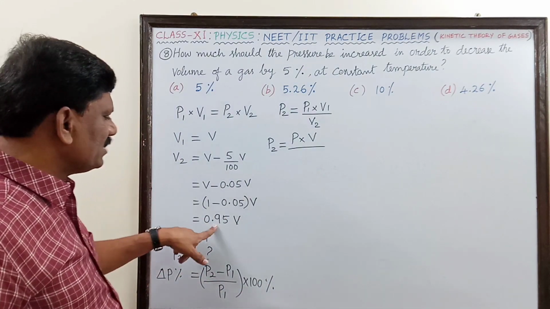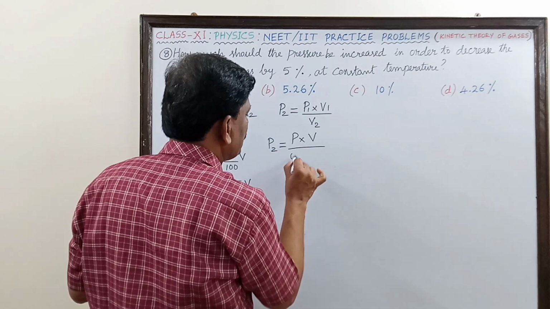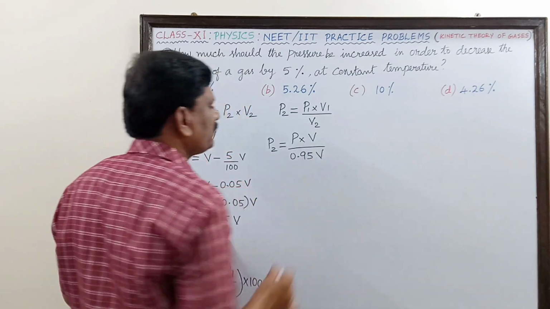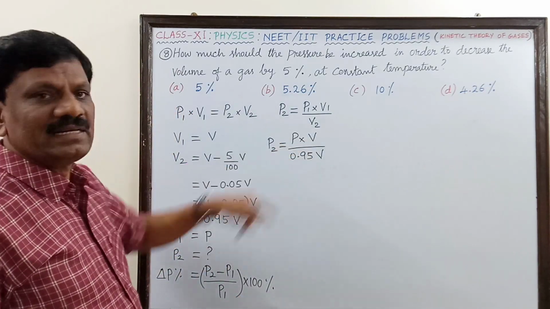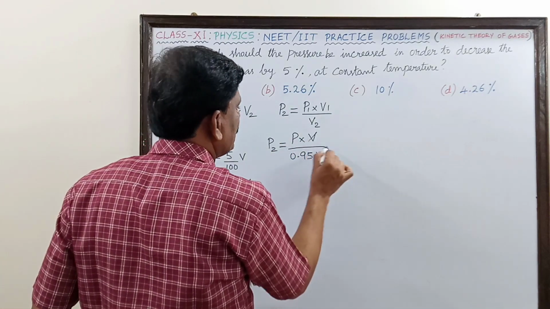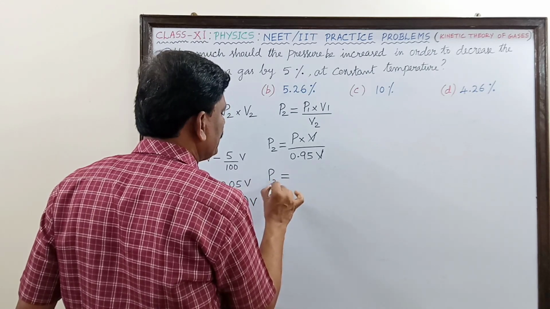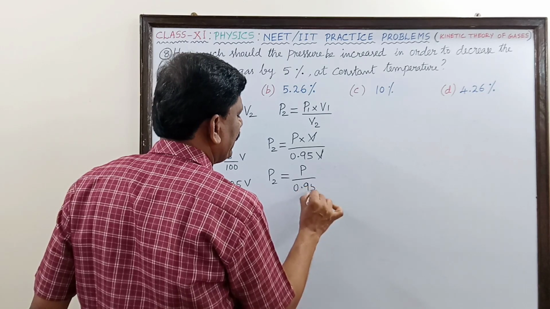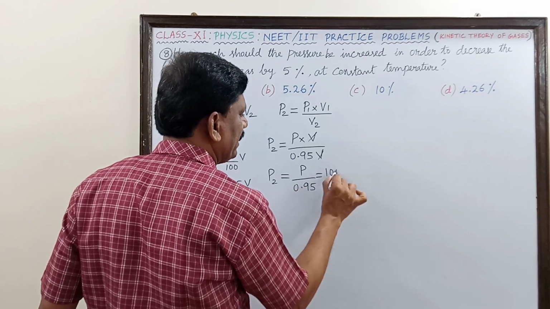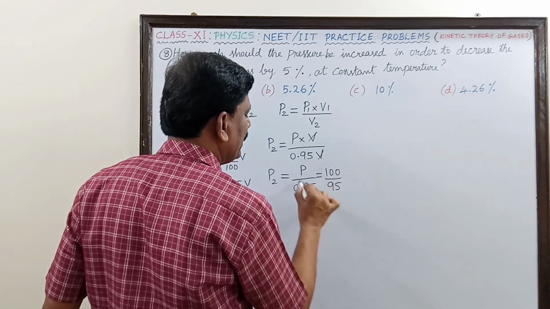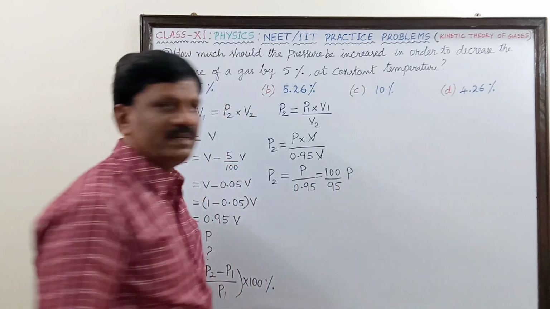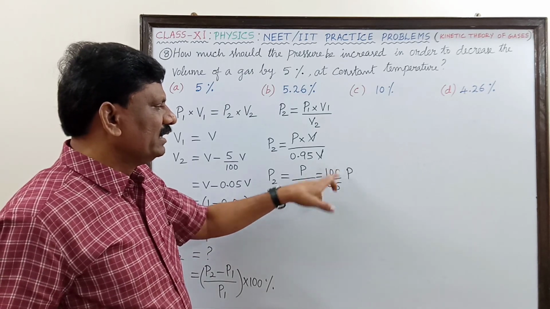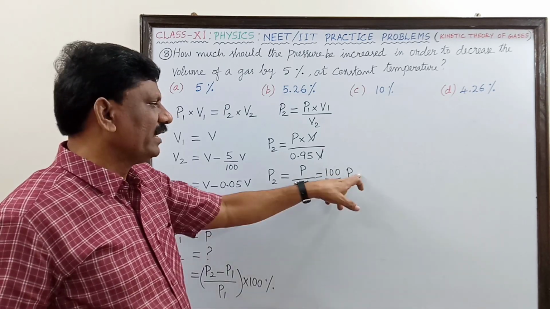V2 is found as 0.95 times V. So I can cancel these two V and write P2 is equal to P divided by 0.95. So this is equal to 100 by 95 times P, because 1 divided by 0.95 is also equal to 100 divided by 95.